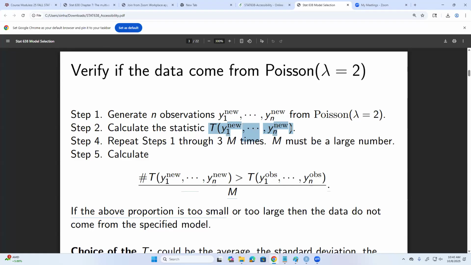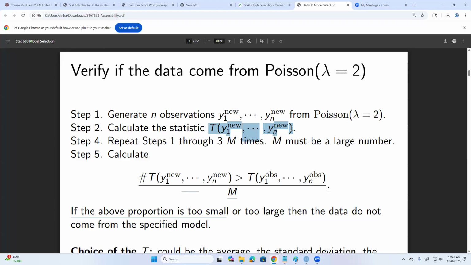I'm not looking at the distribution of the statistic alone. I'm comparing the distribution of the statistic with respect to its own sample. Suppose the observed data are coming from the same population. What is the likelihood that if I draw another sample from the same population and calculate the statistic, that newly calculated statistic will be somewhere close to the observed data statistic?